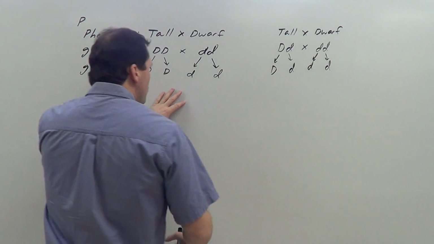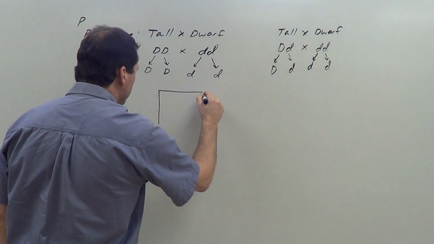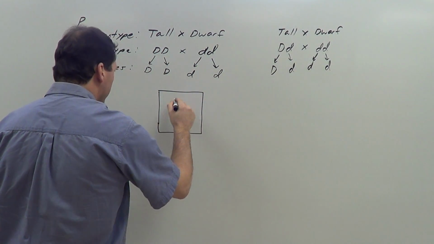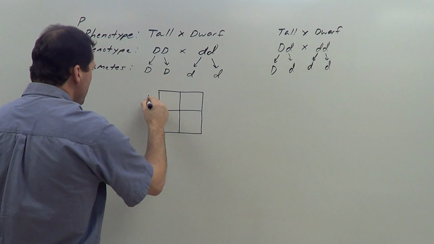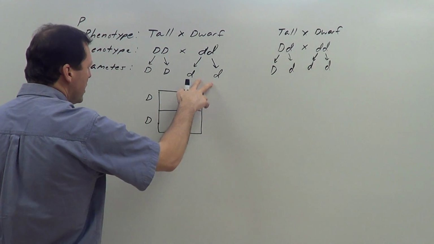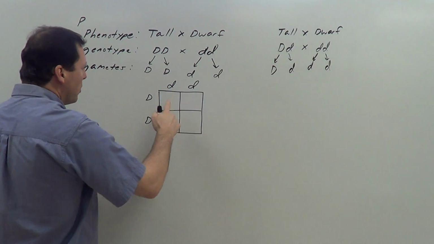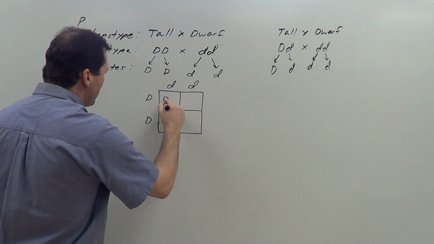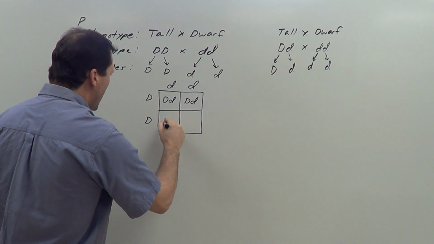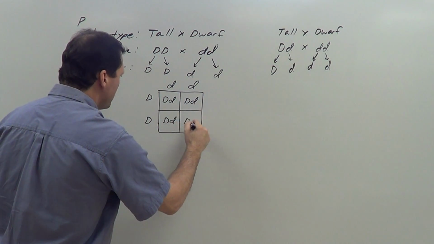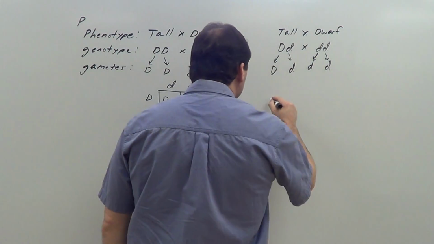Now, let's draw two Punnett squares, one for each case here. I'm going to put my capital D's here, and my lowercase d's on the side. Let's work this through. Every box is capital D, lowercase d. Let's do the same thing over here.